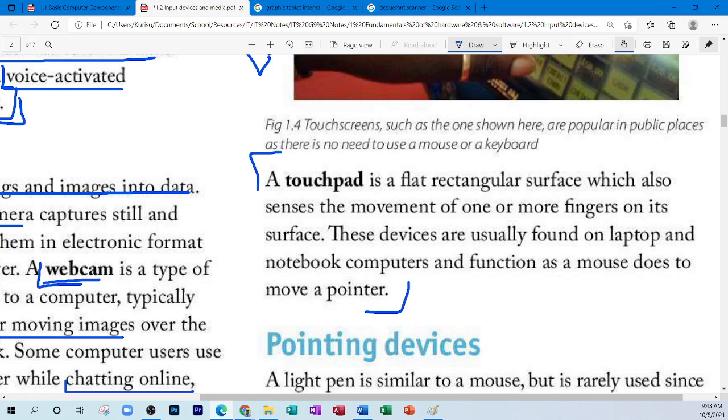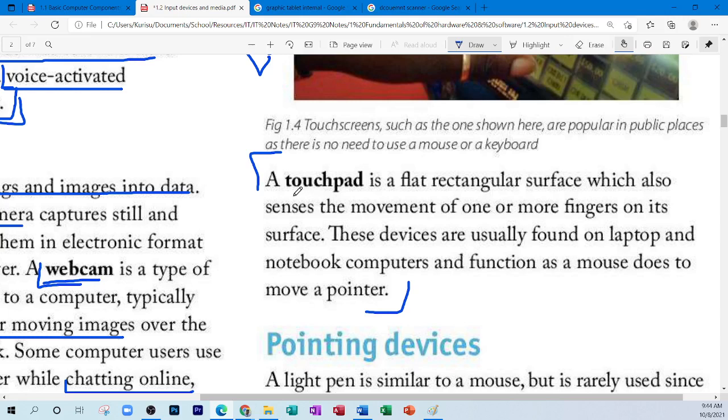A touchpad is a flat rectangular surface which also senses the movement of one or more fingers on its surface. These devices are usually found on laptop and notebook computers, and function as a mouse does to move a pointer.